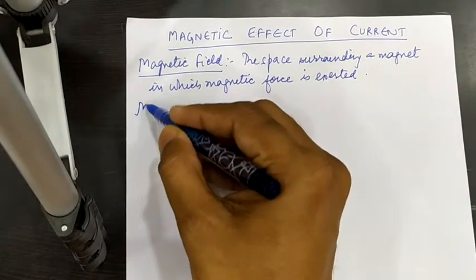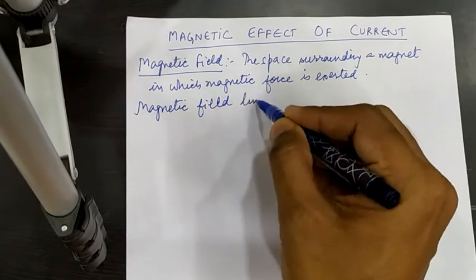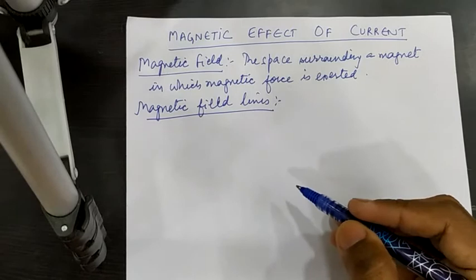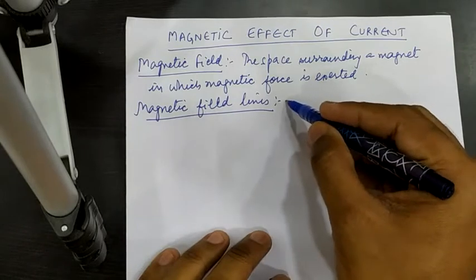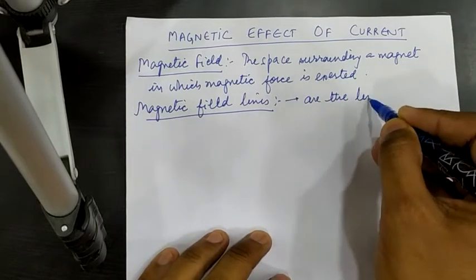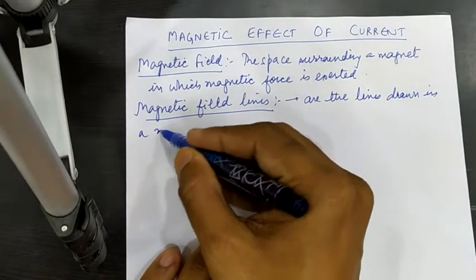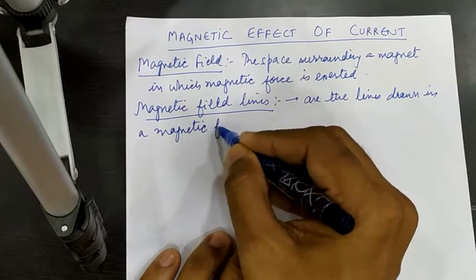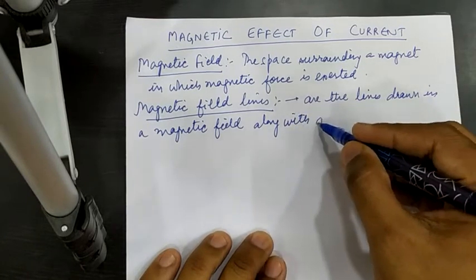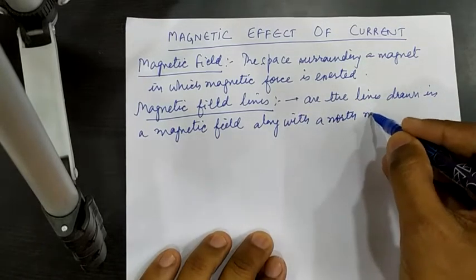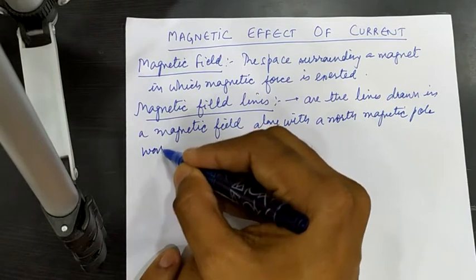Then what are magnetic field lines? These terminologies will be seen in the later section of today's topic. The magnetic field lines are the lines drawn in a magnetic field along which a north magnetic pole would move.